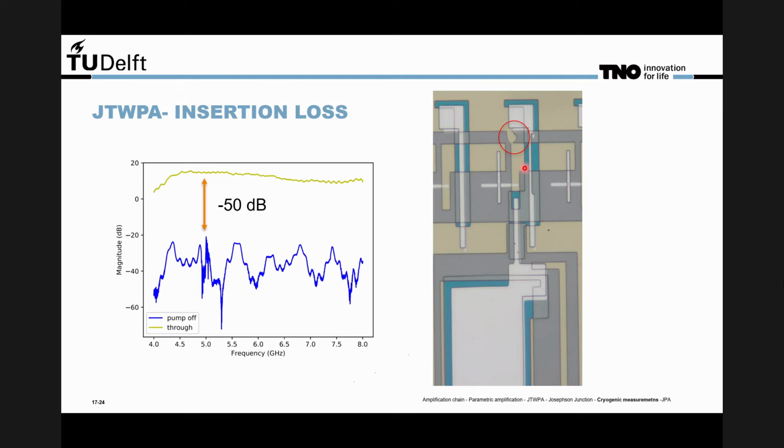We used a scattering matrix simulation, and we found that this 50 dB transmission loss could correspond with a 20 milliohm resistor to ground.